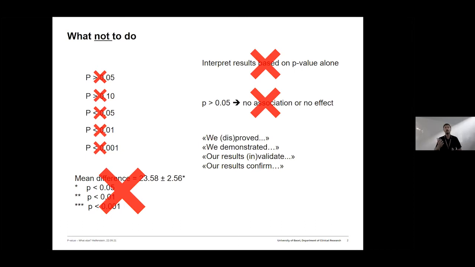So we tend to use sentences like "we prove" or "we disprove" a given hypothesis or a given mechanism. We demonstrate the existence of a mechanism.